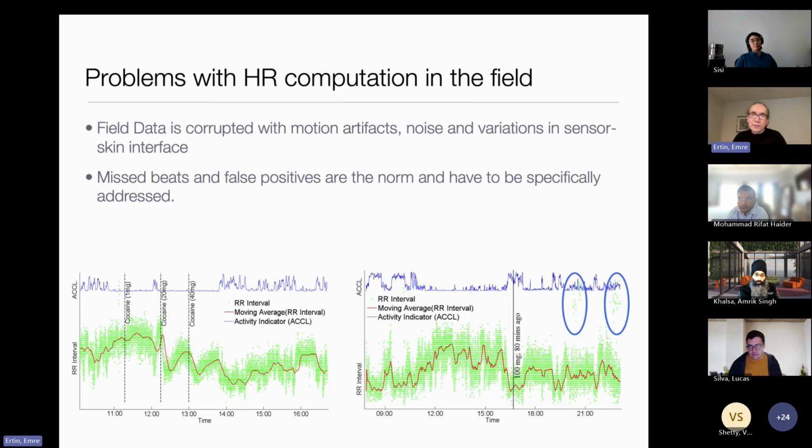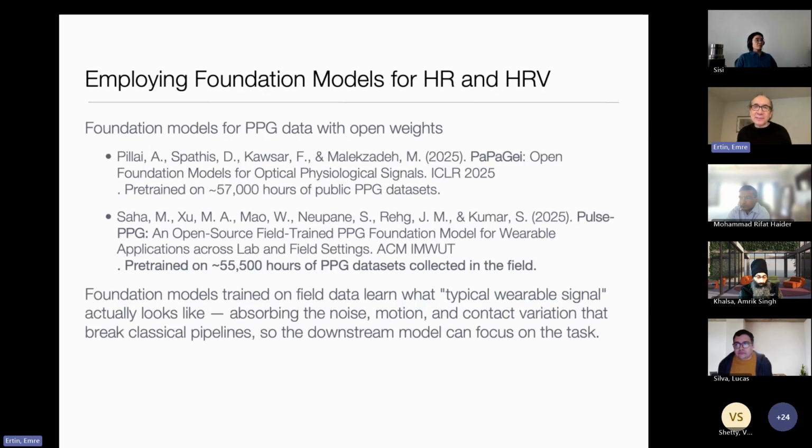So you will see heart rates that are twice, three times the actual heart rate because you are capturing pulse beats that are not real. Heart rate computation is confounded by many factors, including motion artifact, noise, and variations in the way the sensor touches your skin interface. So not an easy problem by all means.